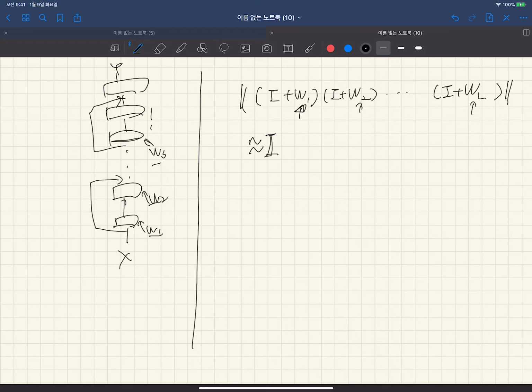But when you use the same parameters, this is simply I plus W multiplied with the same matrix again. So I plus W to the power L, right? So this makes your residual process still have a vanishing or exploding gradient issue, even with the shortcut process, right?